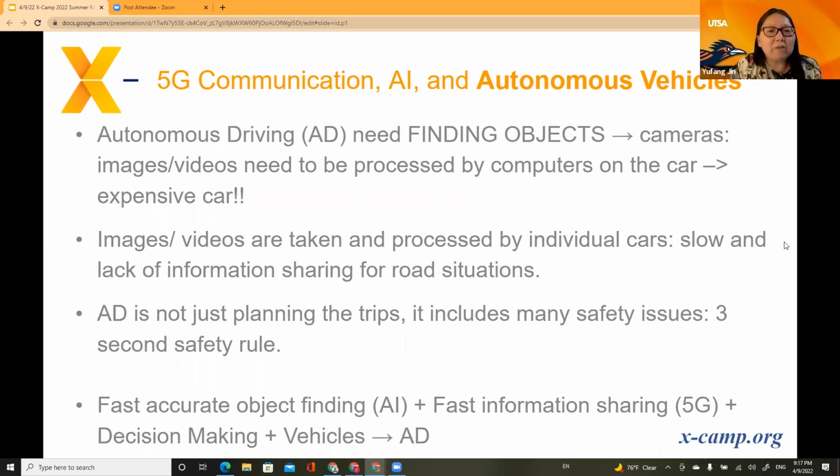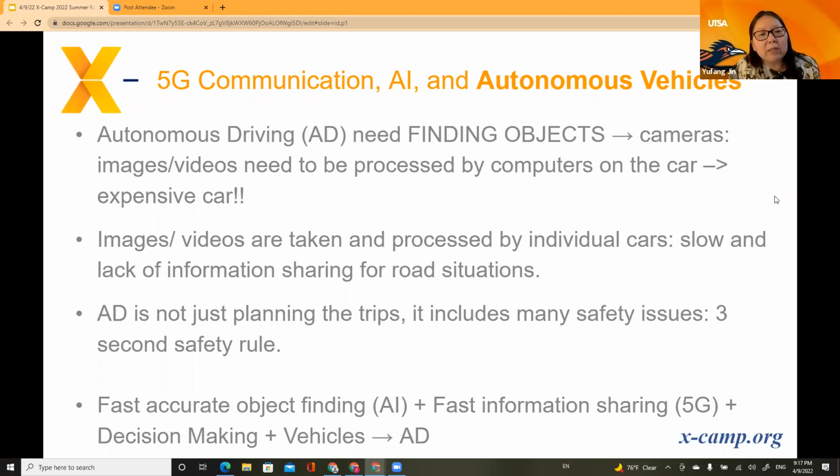And the problem of this is going to be a very expensive car. You can think about how much you pay for a Tesla right now, okay? And also, the images and videos taken by the cameras on the car will be processed by the individual car. It's pretty slow, and we cannot share the information among all the vehicles on the road.